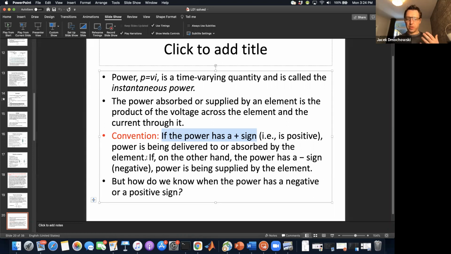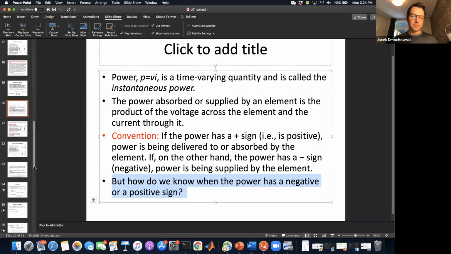For example, something that you plug into the wall will generally have a positive power because it is consuming the power. On the other hand, if the power has a negative sign, then that circuit element is supplying the power. So the question is, how do we know whether to make the power positive or negative?